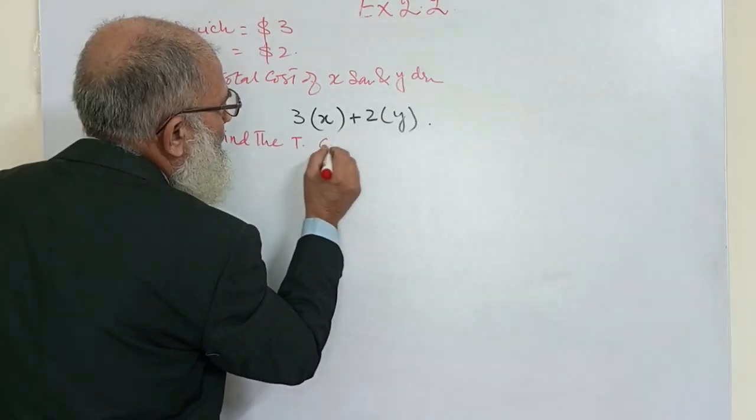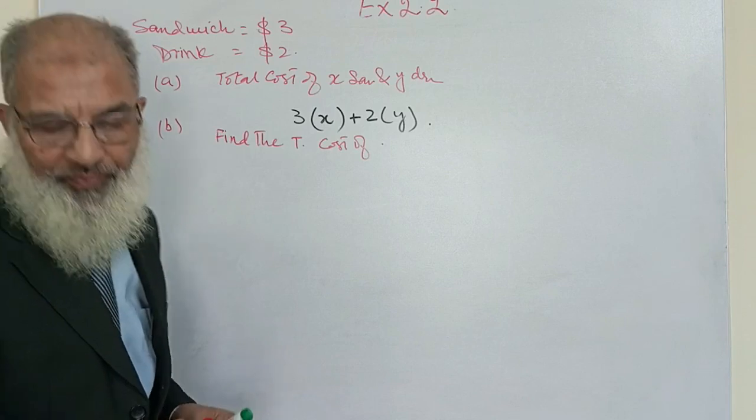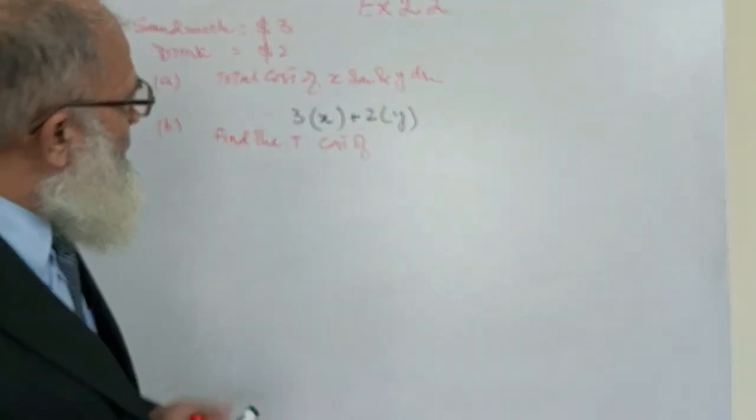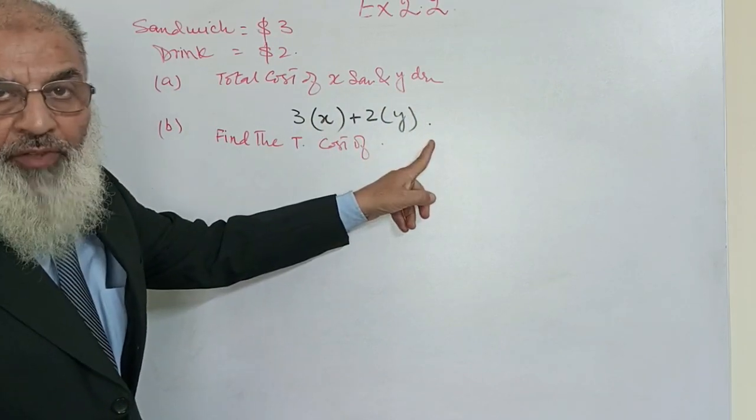Now there are again three parts given. The total cost of X sandwiches and Y drinks we have already found.